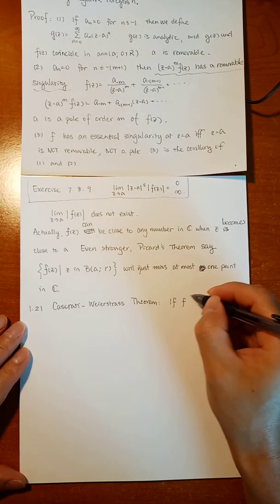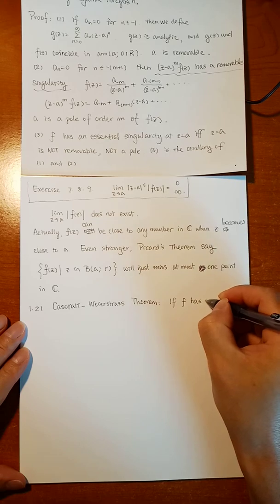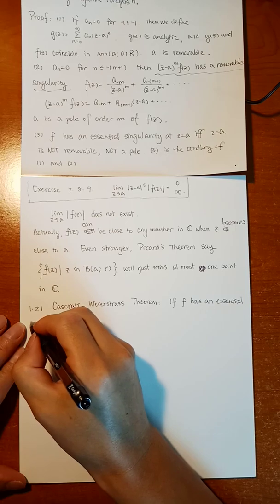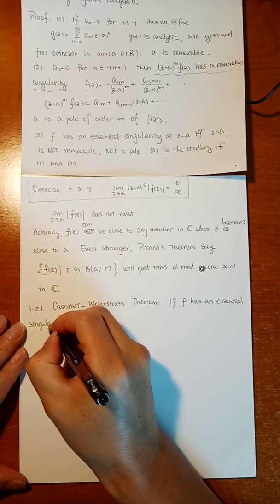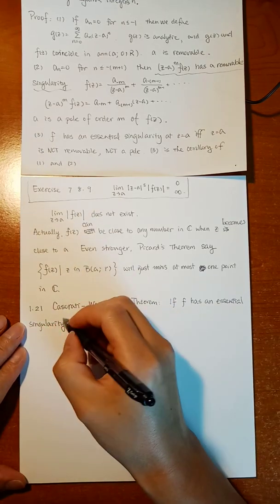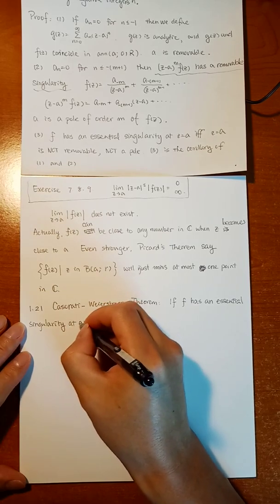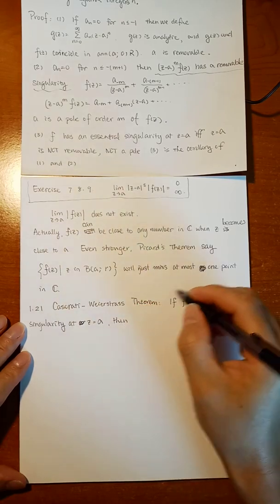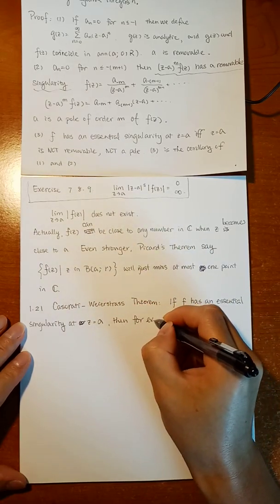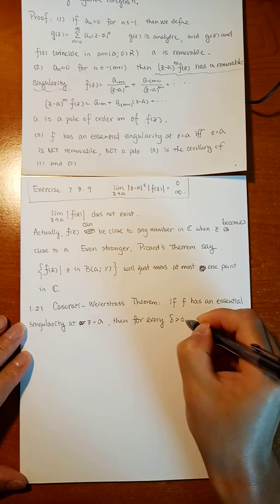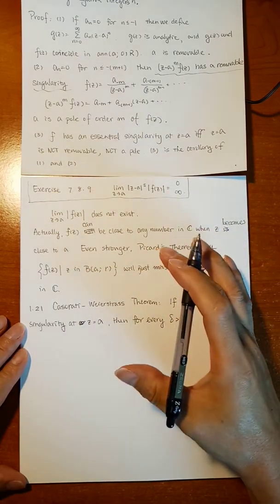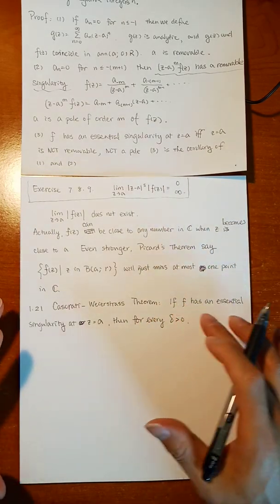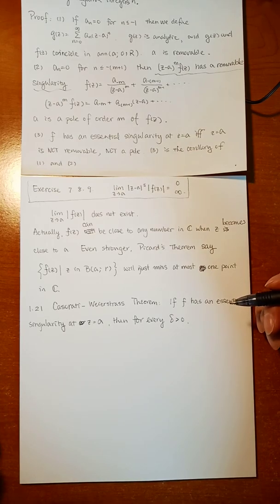If f has an essential singularity at z equal to a, then for every delta greater than 0, well, you should have a sufficiently small delta, because if delta is too big, it may not be inside the domain of f.